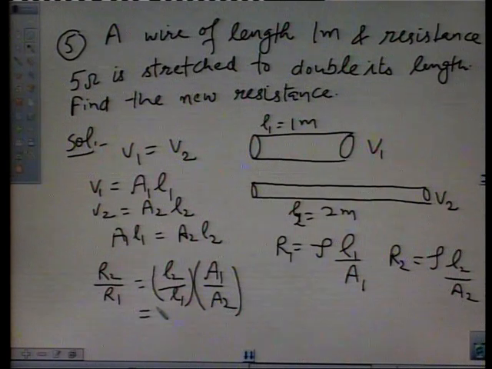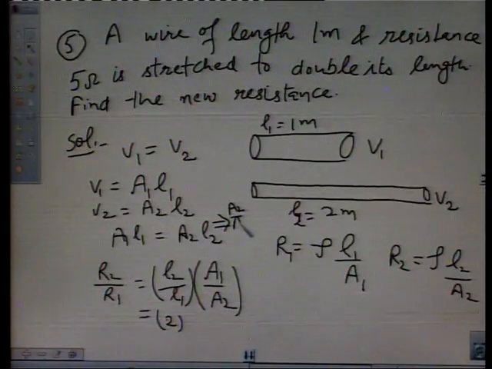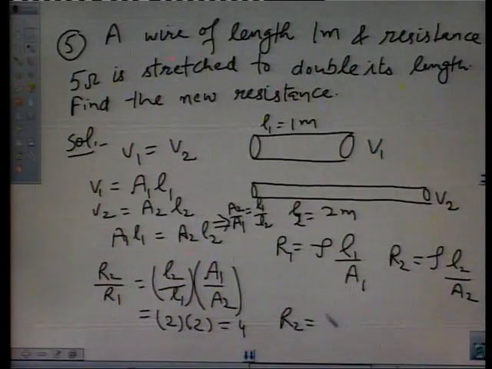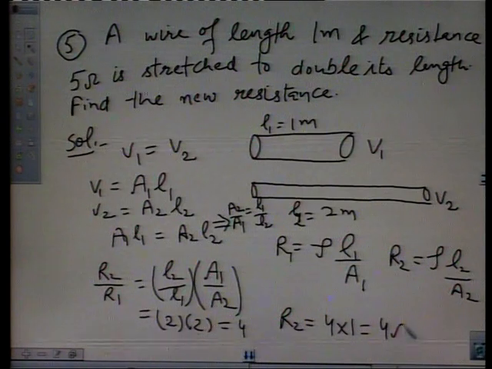So the ratio L2 upon L1 is 2 and A1 upon A2, from this equation we have A2 upon A1 is equal to L1 upon L2. So this is also equal to 2. So the ratio is 4. So the value of R2 is equal to 4 into R1.